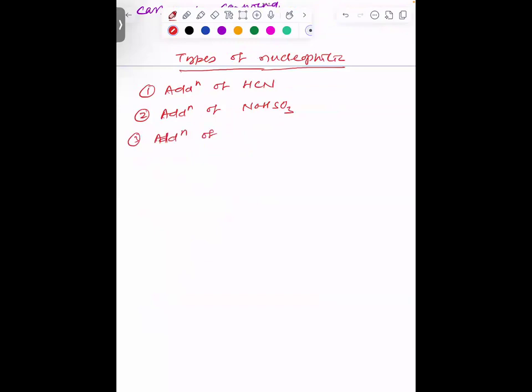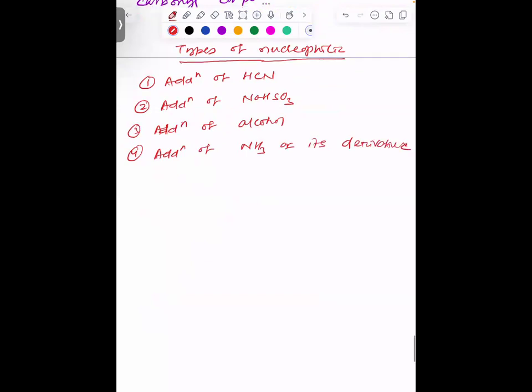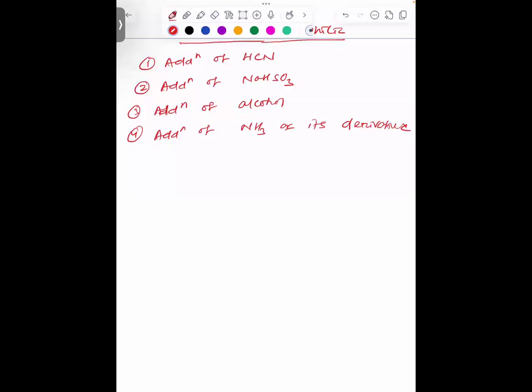Then addition of alcohol, then addition of NH3 or its derivatives.